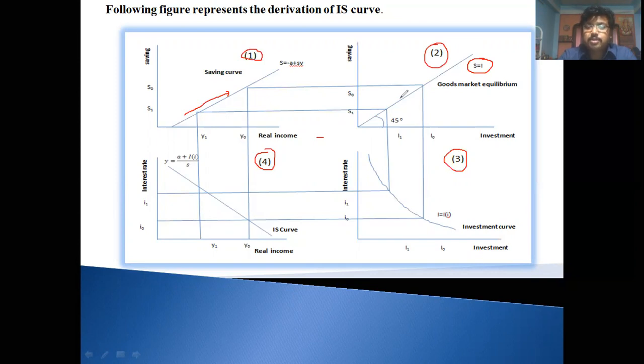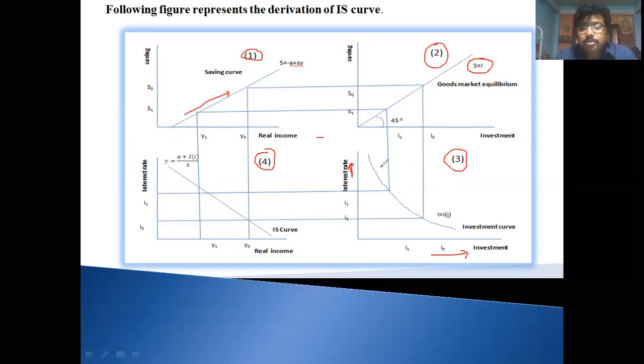Now look at the third quadrant. Along the vertical axis, we measure the interest rate, and along the horizontal axis, we measure the investment. As there is an inverse relationship between the investment and the interest rate, it is a downward sloping curve.